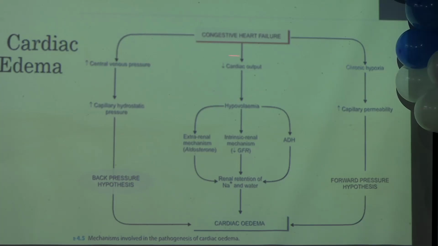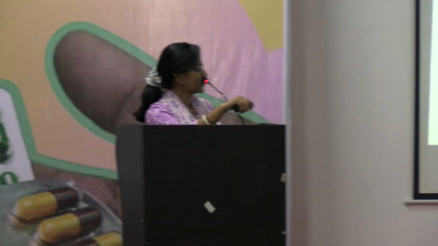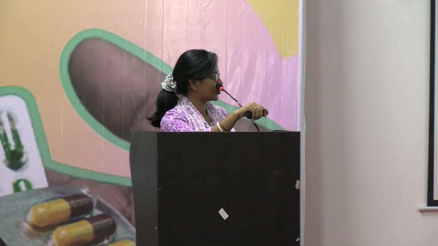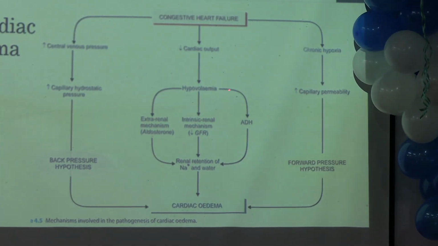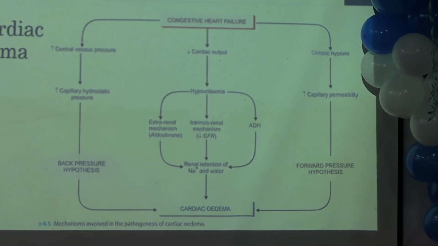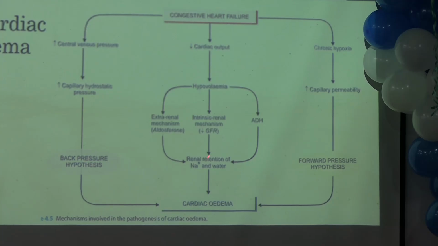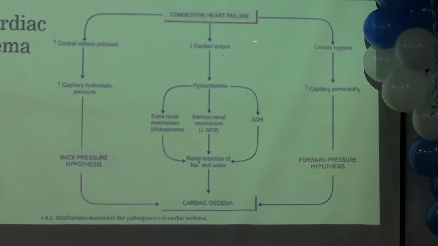Next, in congestive heart failure, there will be reduced cardiac output and hypovolemia. With hypovolemia, there will be renal hypoperfusion, and this will lead to activation of aldosterone, reduced GFR and activation of antidiuretic hormone. What will all these do? This will cause renal retention of sodium and water resulting in cardiac edema. Then again, in congestive heart failure, we will have hypoxia.